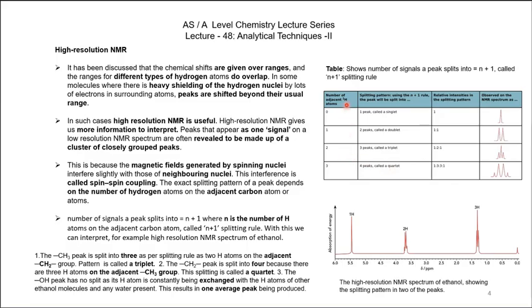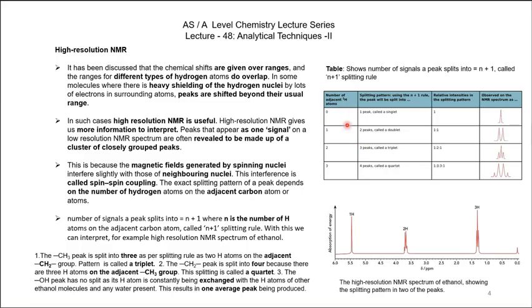If we have 2 adjacent hydrogen atoms, using the n plus 1 rule we have 3 peaks, which we call a triplet, with relative intensity 1:2:1. Here 1 is here, and 1 is here, and this middle one is double intensity, 2, and then again 1.